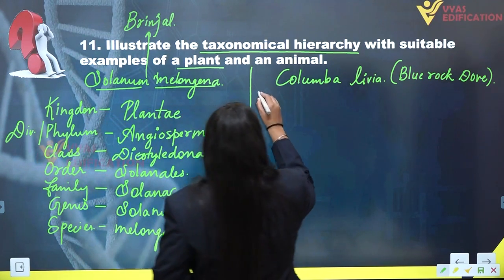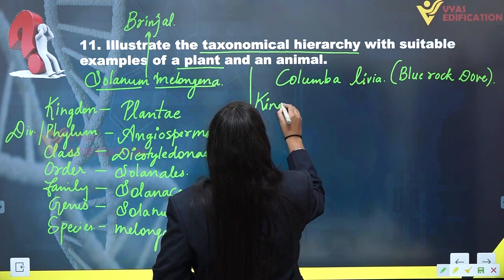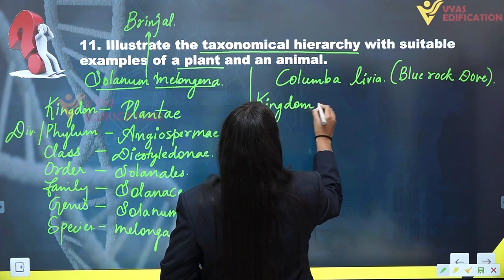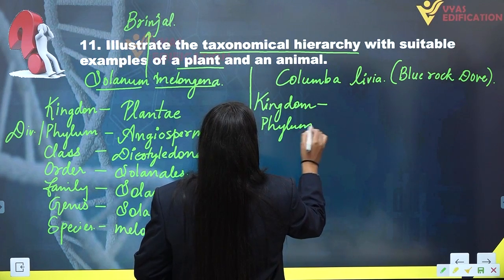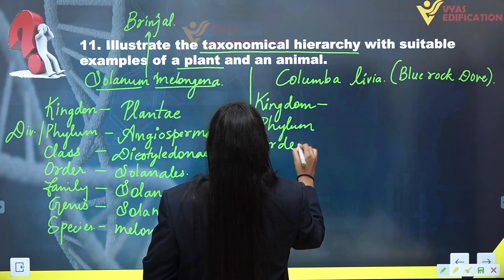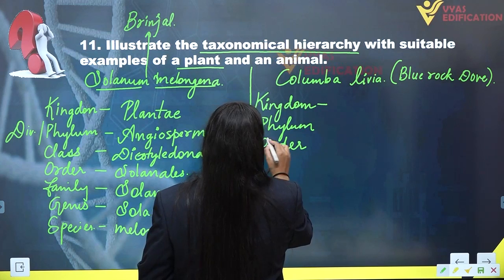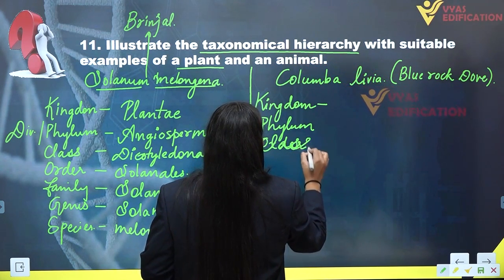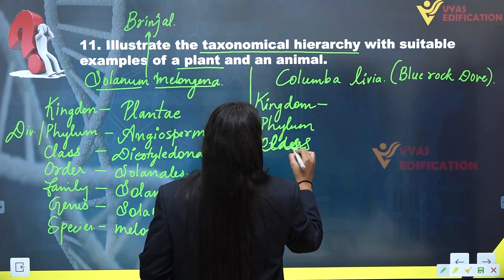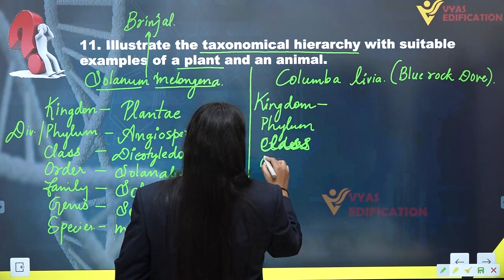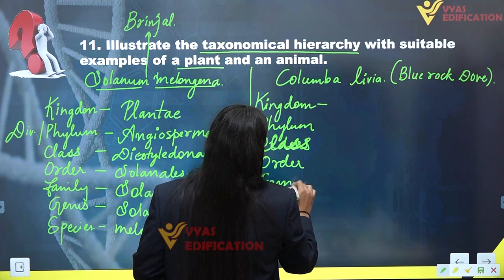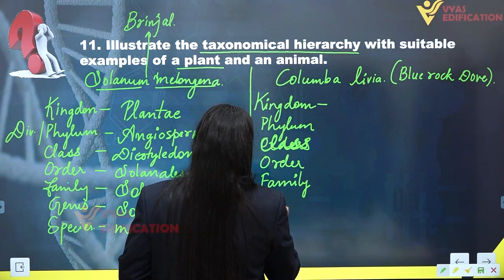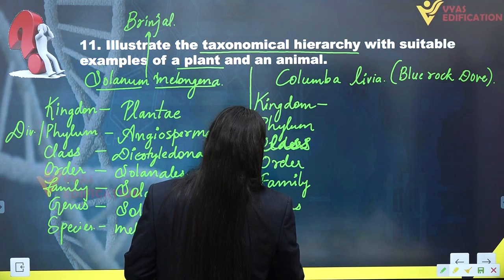First we'll write about the kingdom of this organism, then the phylum, class, order, family, then genus, and finally the species.